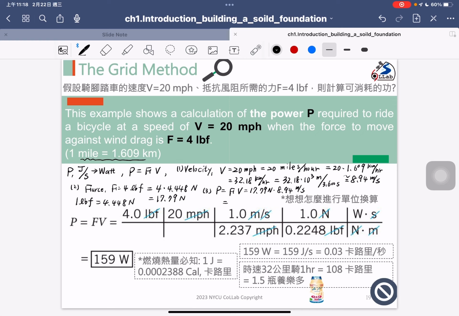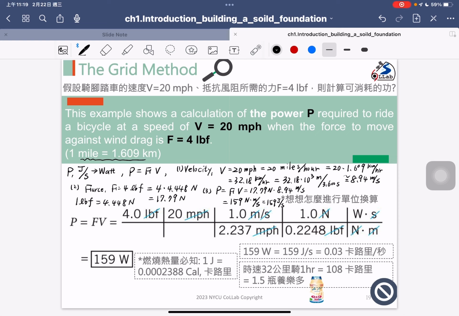I use the calculator to compute the final answer. It's around 159, and the unit is newton multiplied by meter per second. As we know, newton multiplied by meter is equal to joule, so we can rewrite the unit as 159 joules per second.